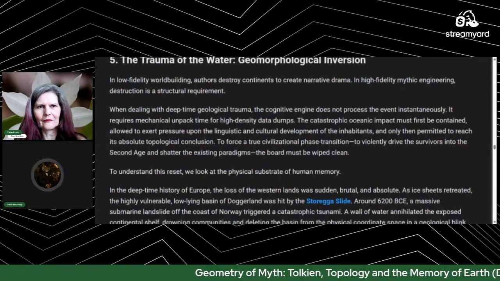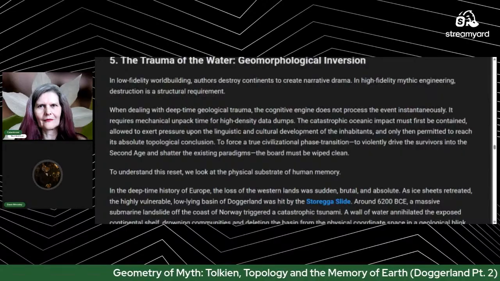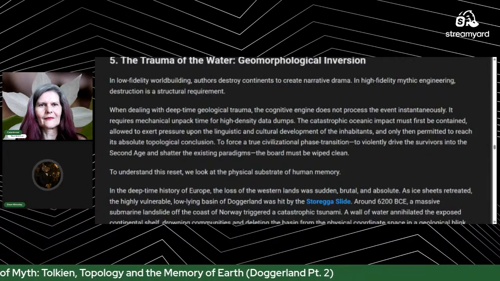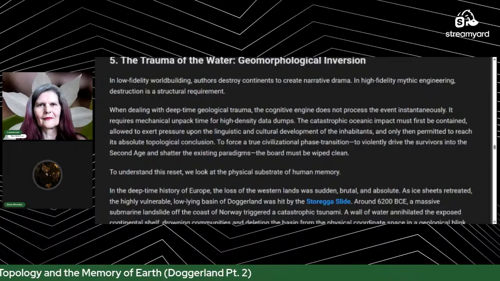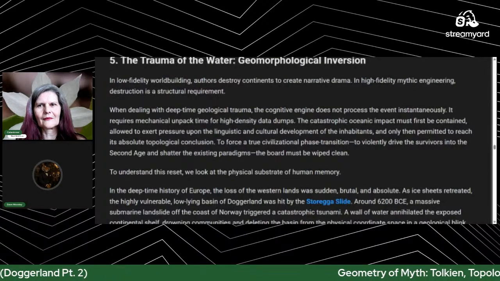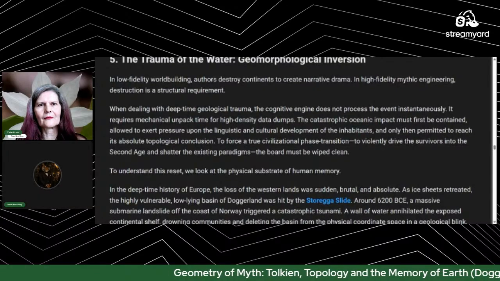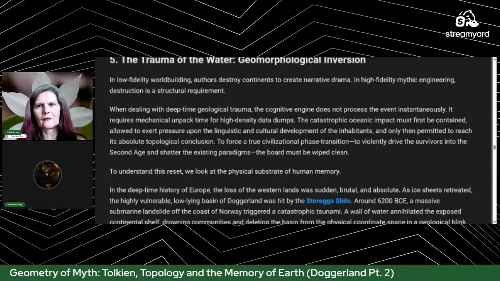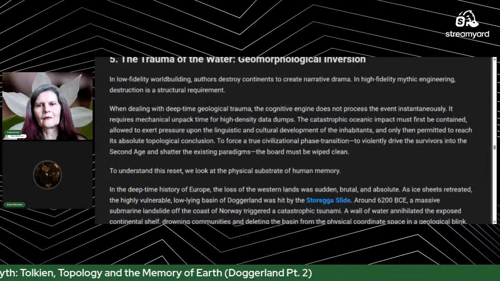When dealing with deep time geological trauma, the cognitive engine does not process the event instantaneously. It requires a mechanical unpack time for high density data dumps. That is to say, if something traumatic happened, the stories are passed down over succeeding generations, and they develop a sort of mythic quality over time.